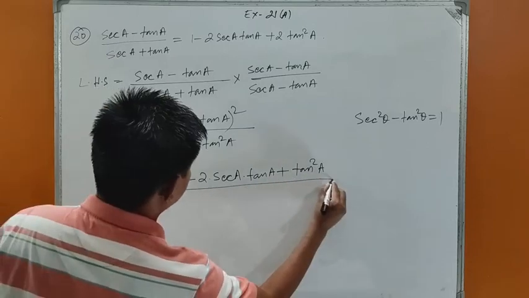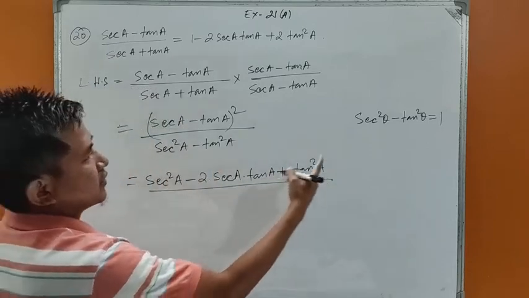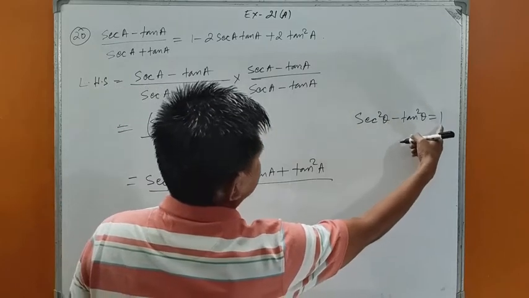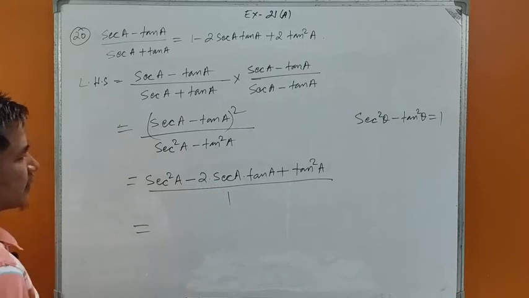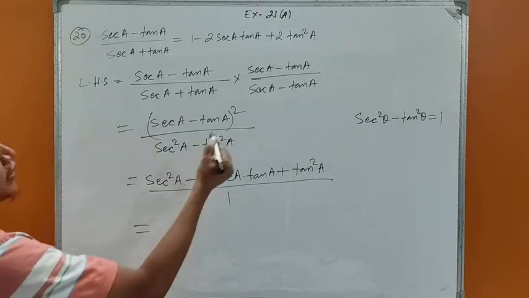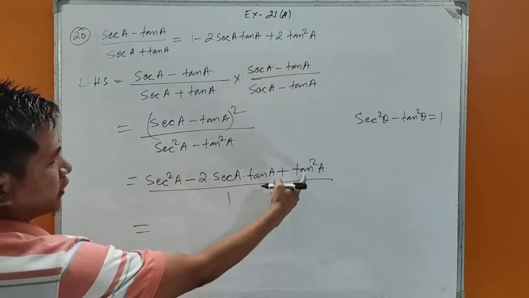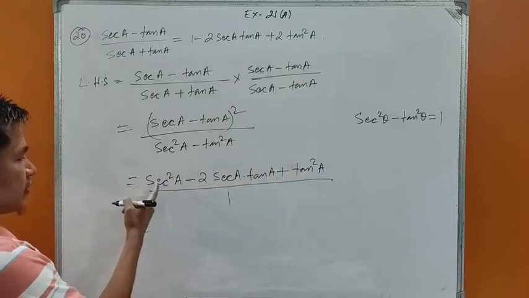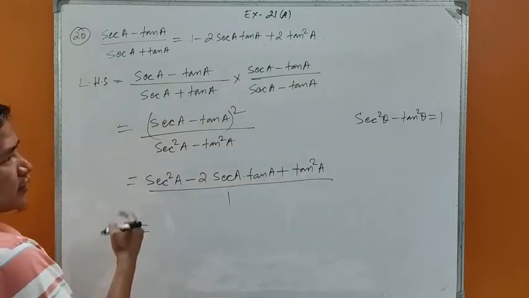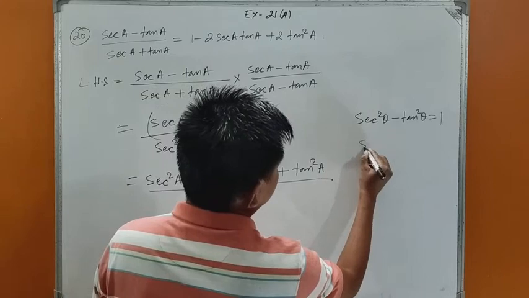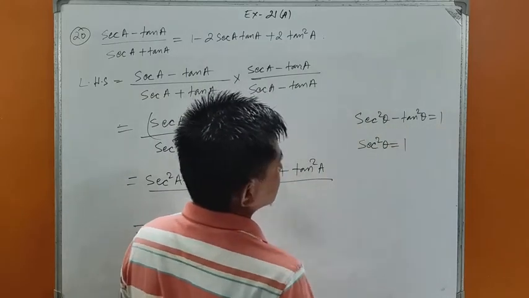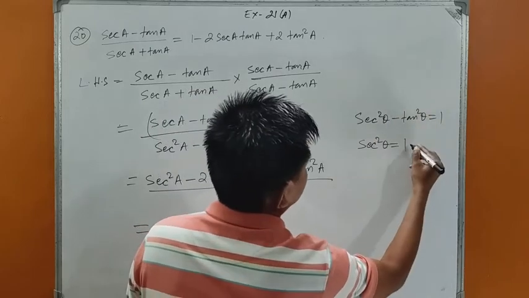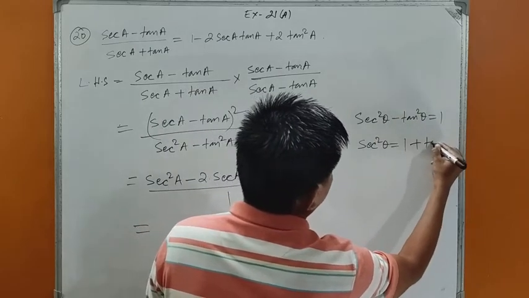In the denominator we have sec square A minus tan square A, which is 1, so we need not write it. Now we need 2 tan square A, and we have only 1 tan square A here, so let's convert this sec square A. Sec square theta minus tan square theta equals 1; taking minus tan square theta to the right hand side, it becomes plus tan square theta.